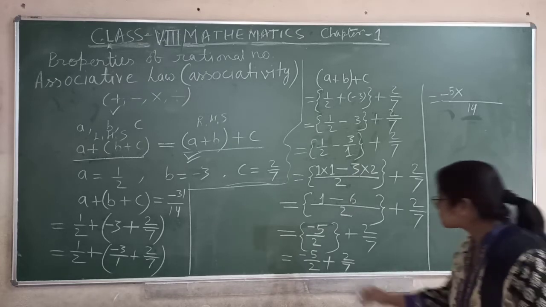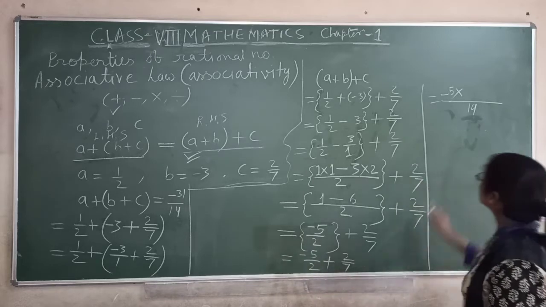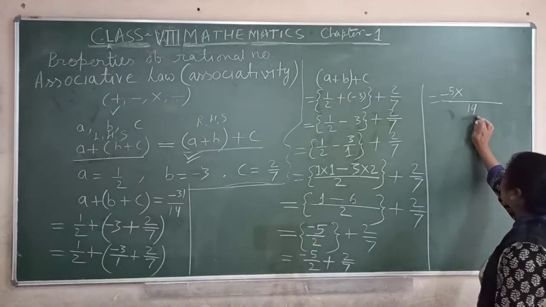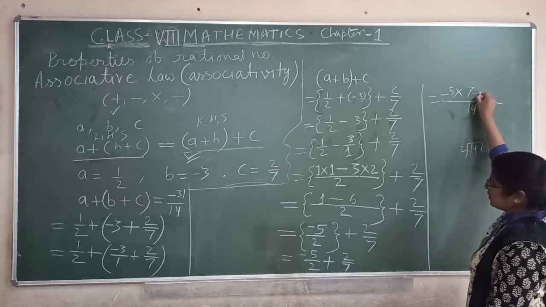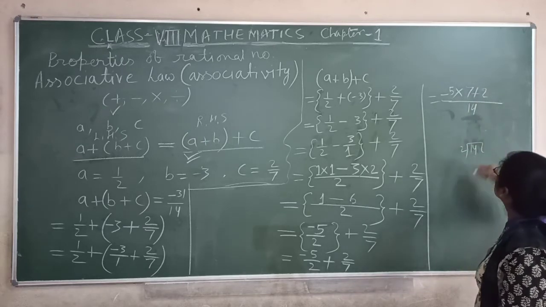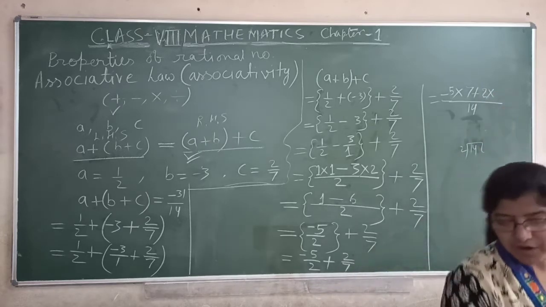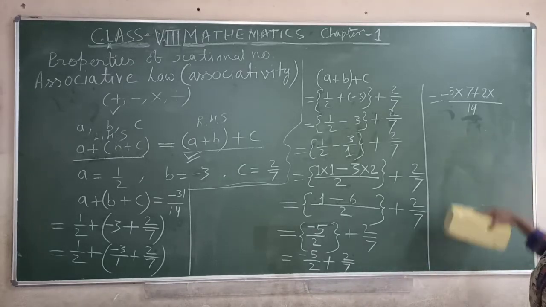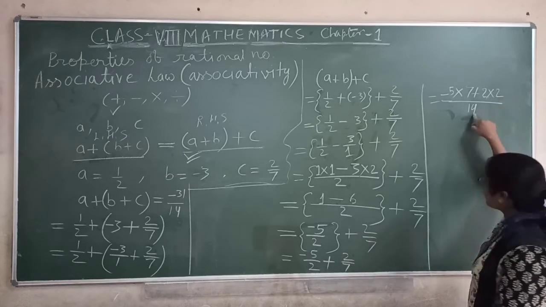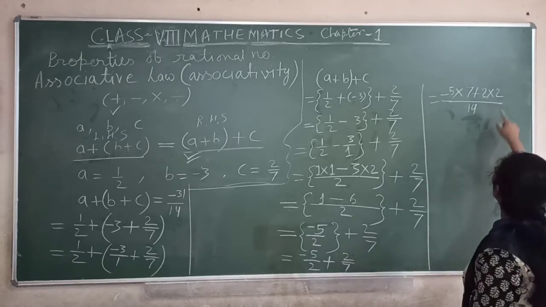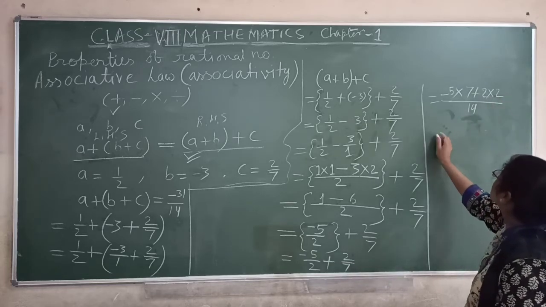your LCM divided by denominator. Denominator is 2 and LCM is 14. 14 divided by 2. So what you will get? 7 plus 2. 2 already you have, into and 14 divided by 7. So how much you will get? 2. LCM divided by this one and whatever you get you have to multiply with numerator.